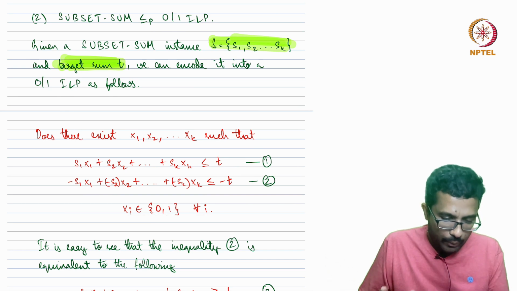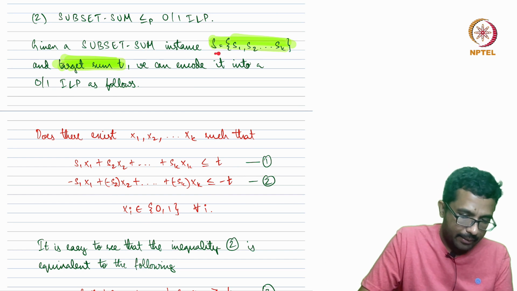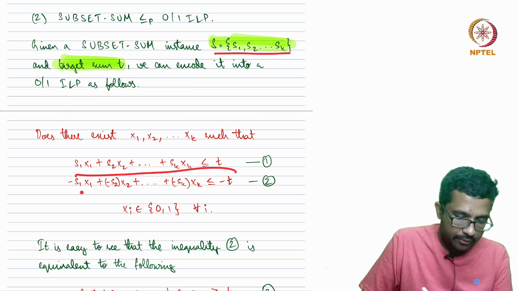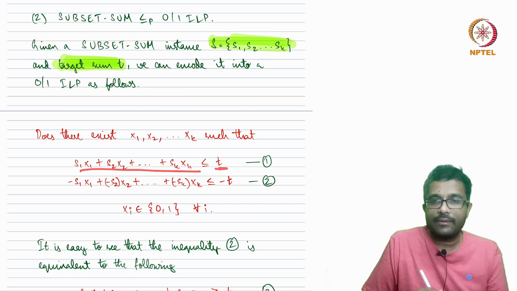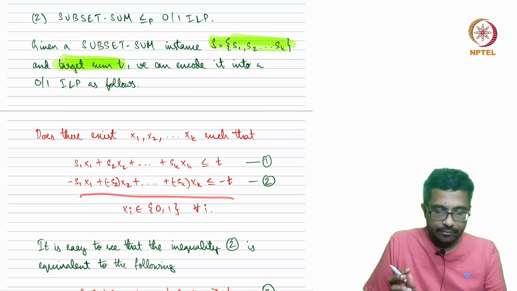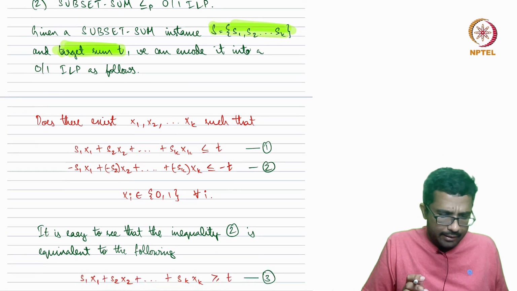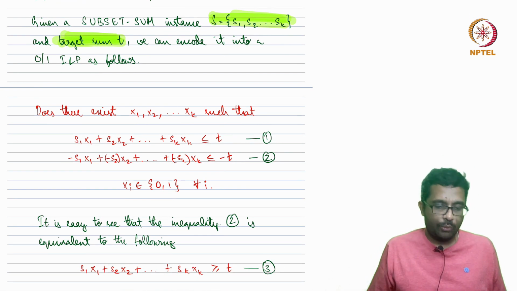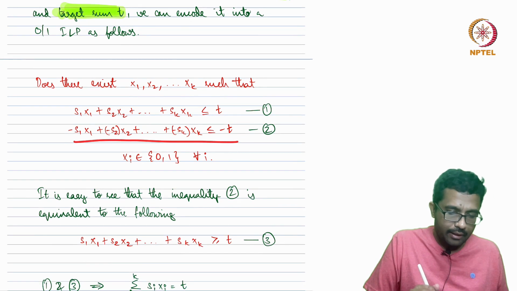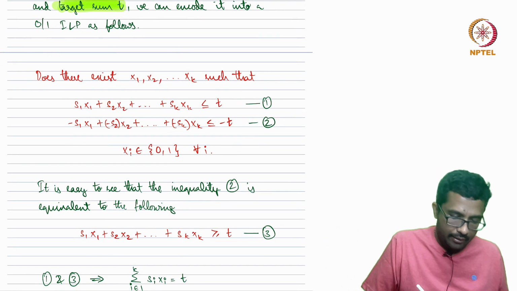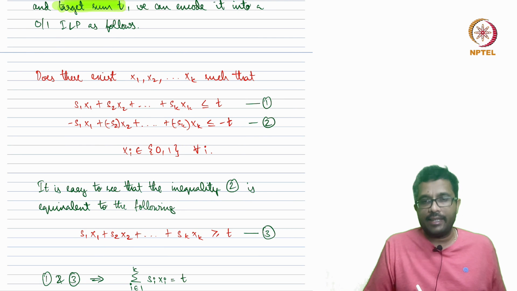And it seems very simple, right? So given the subset sum instance, we can easily write this down. Both the set elements and the target sum feature here as well as here. This is equivalent to the subset sum instance. Why is that? Because if you multiply this entire inequality 2 by minus 1, we get this. The LHS is s1 x1 plus s2 x2 plus dot dot dot plus sk xk, right?